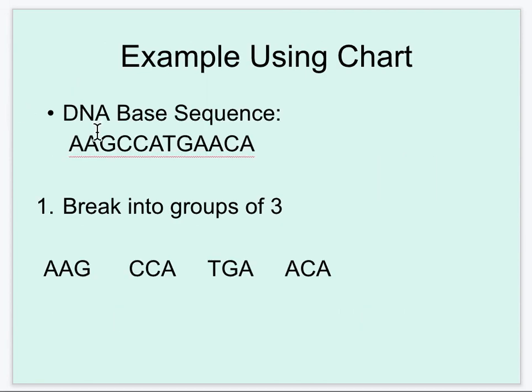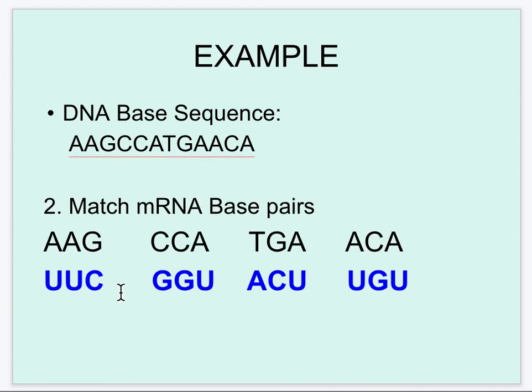So here we have an example DNA base sequence right here. You break into groups of 3, right? So every 3 bases, you break it off. So A, G, C, A. Okay, you can see that down there. And then what you have to do is match the mRNA base pairs. Okay, the chart uses RNA.